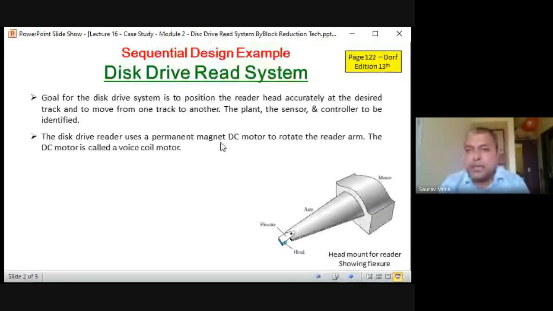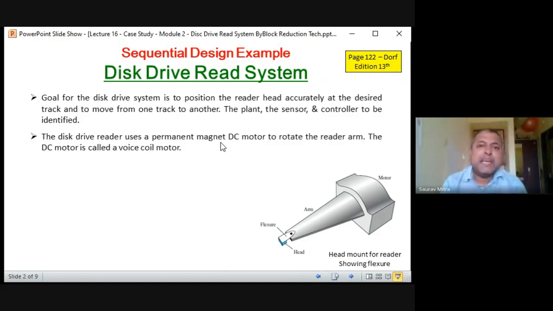So in this case, I told you that for motor rotation, two things are required. First, there should be electricity through the conductor. That is happening, so we are giving current to the disk drive motor. But the electricity that would be given to create flux, the magnetic field, is not needed in the case of a permanent magnet, because a permanent magnet motor uses a permanent magnet.